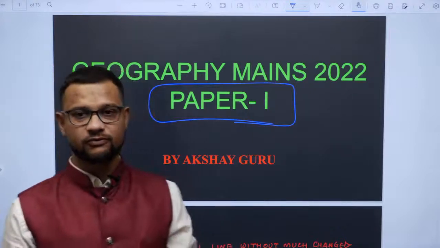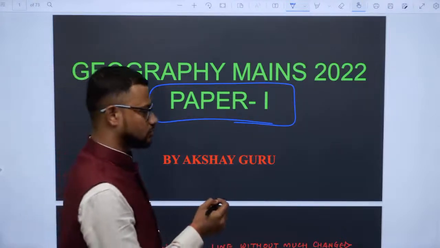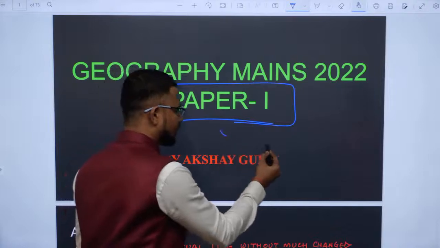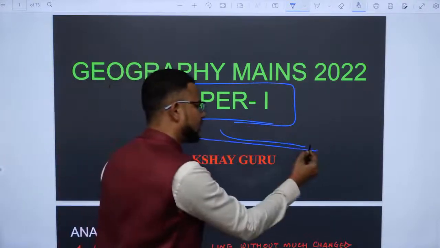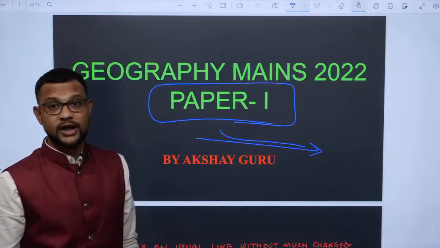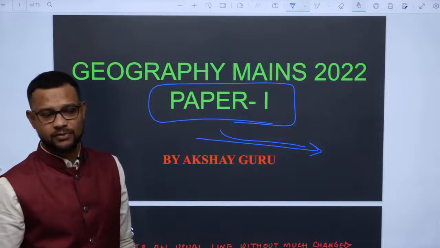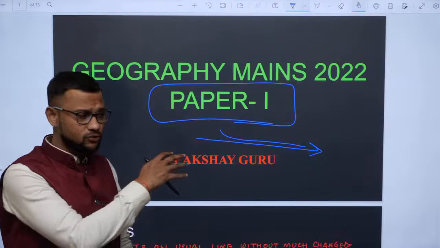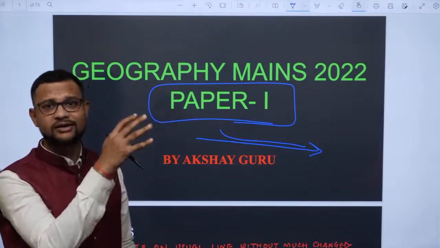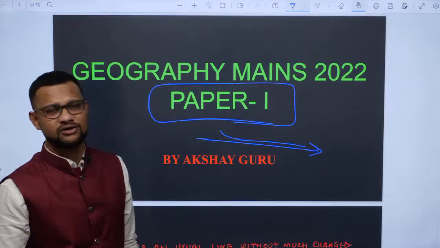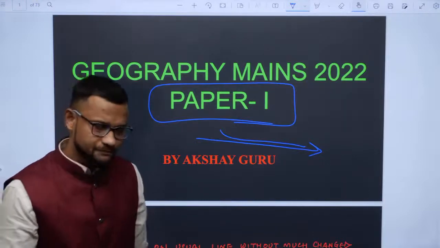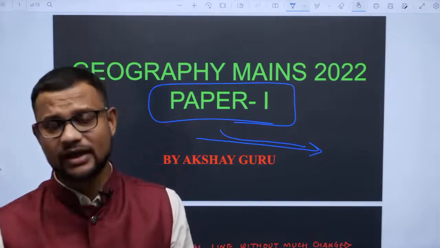It's just because when you find the questions on a regular or expected line, you will find the scoring potential of the paper is also high. Many questions you will find are repeated, and yes, many questions are somehow easy to attempt. No doubt you will find some gray areas questions.